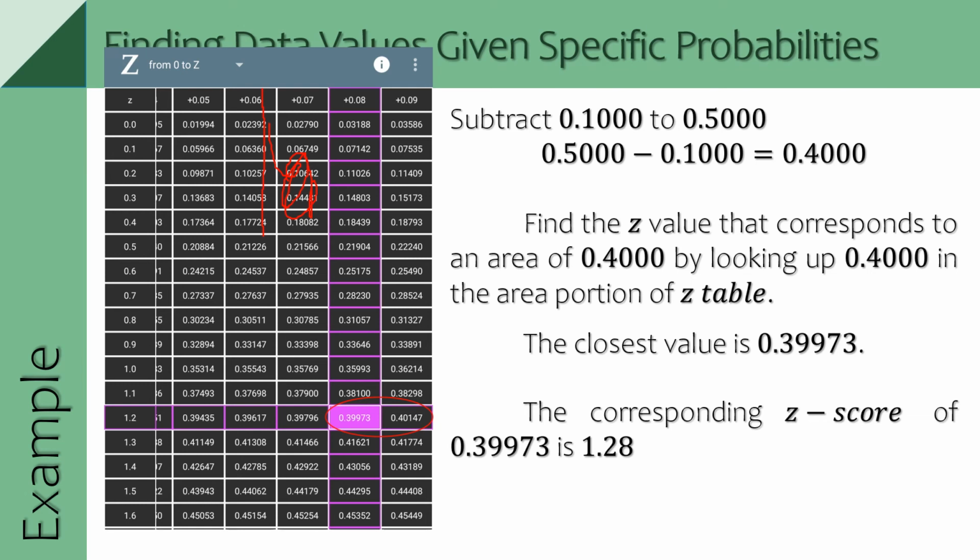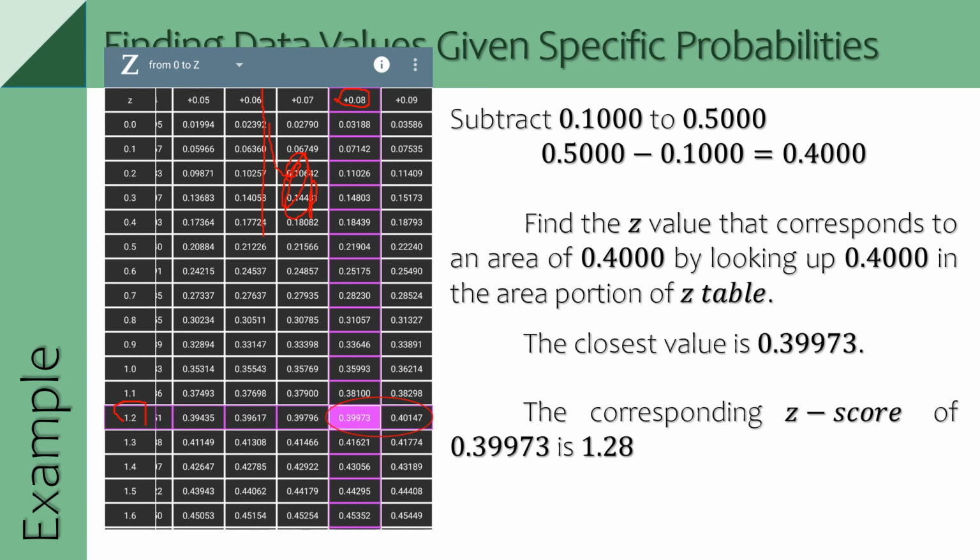Okay, next is to get the corresponding z-score of 0.39973. So that is 1.2 and then 8. So the corresponding z-score of 0.39973 is 1.28.